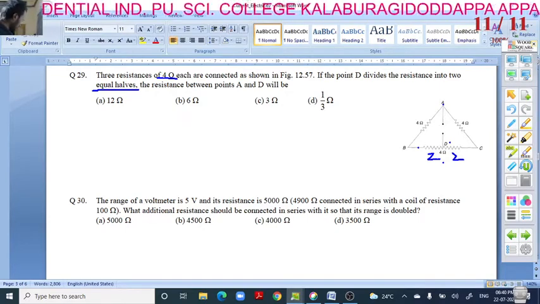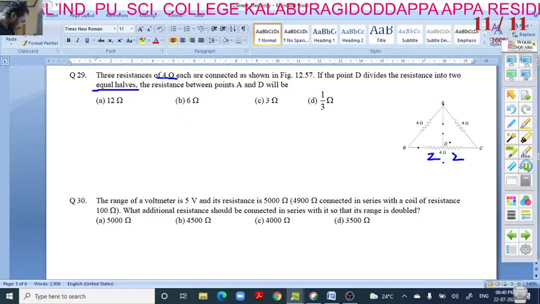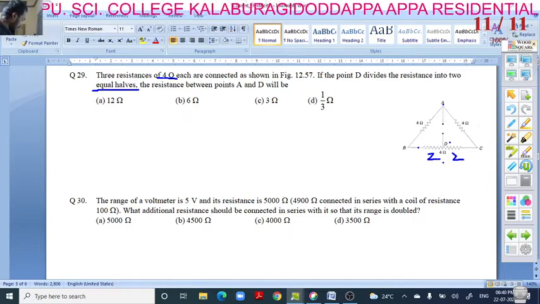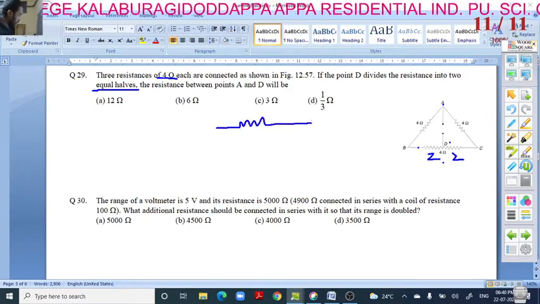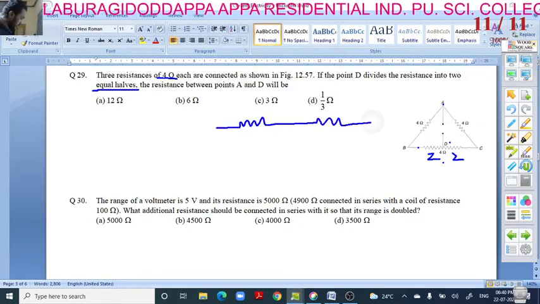After dividing, this figure becomes like this. Just I will draw here. Say this is the resistance like this.